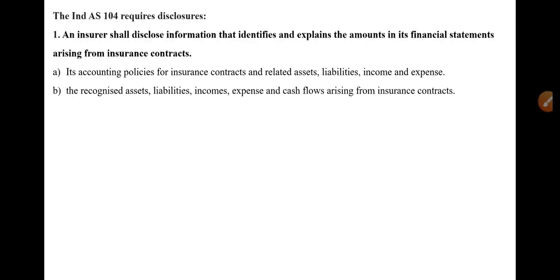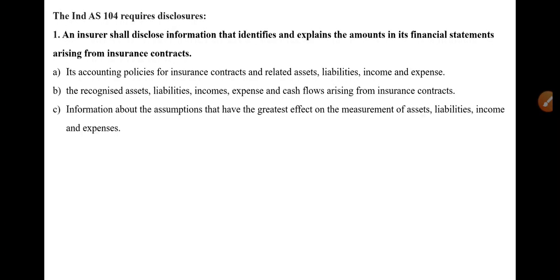And next, the recognized assets, liabilities, incomes, expenses and cash flows arising from insurance contracts. So any assets or liabilities or any incomes or any expenses or any cash inflows or outflows arising from the insurance contracts, that is to be recorded and disclosed to the interested parties as per Ind-AS 104. So this is one disclosure requirement.